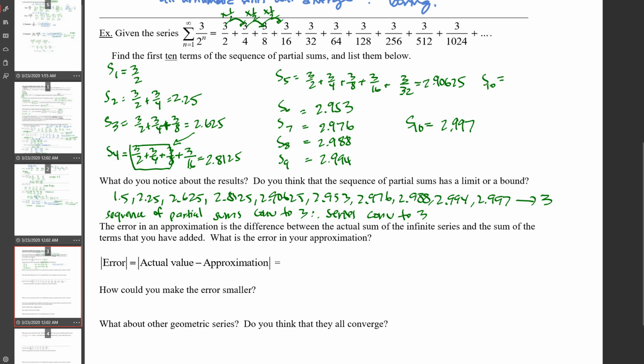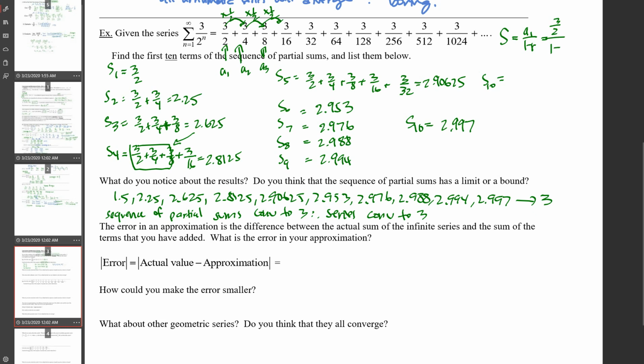And if you remember from pre-calculus, there is a formula for the sum of an infinite geometric series. The formula is a1 over 1 minus r. Your a1 is just your first term. This is your a1, this is your a2, this is your a3. So your a1 is actually 3/2.